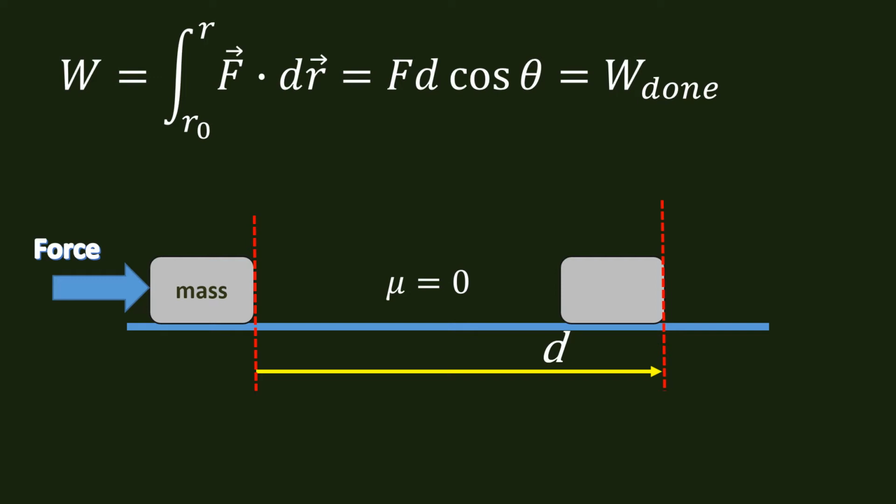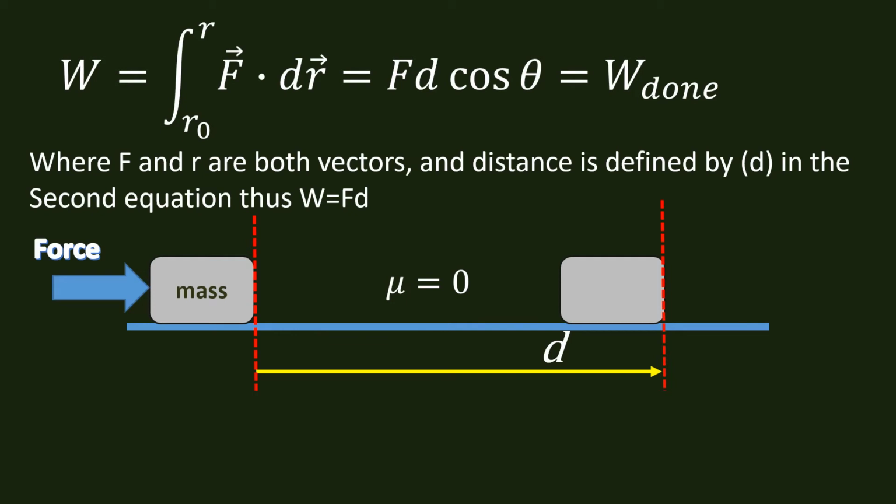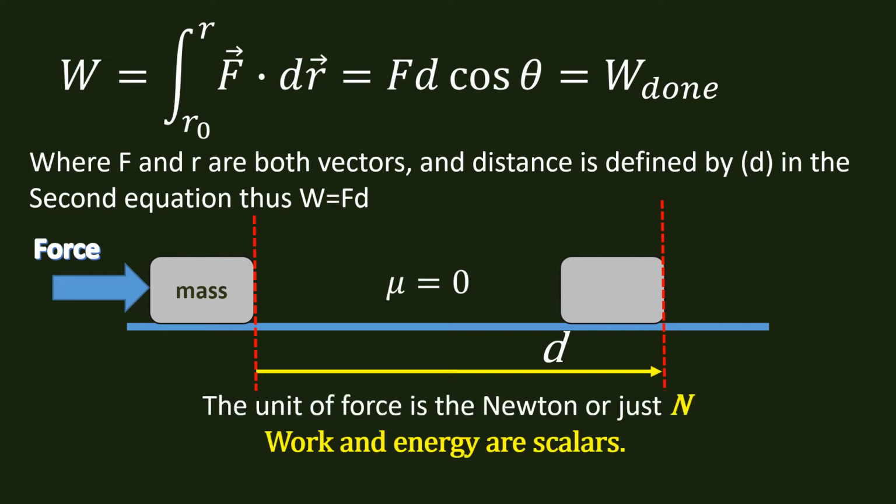This is the formal equation of the work done, where F and R are both vectors and the distance is defined by D in the second equation. Thus, as we talked earlier, work is equal to force times distance. Okay, and also work and energy are scalars. Joules are scalars. The unit of force is, of course, remember, newtons.